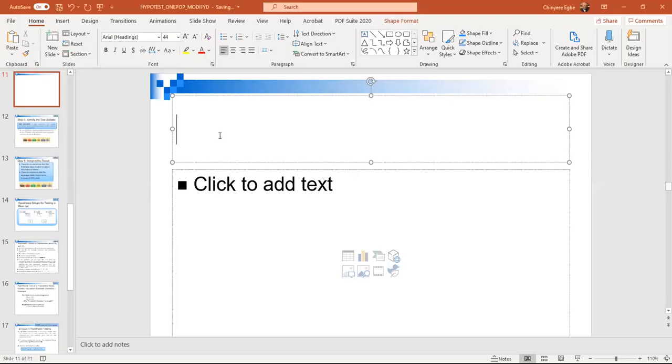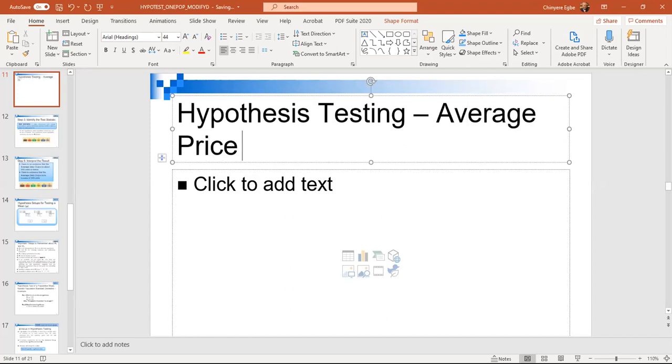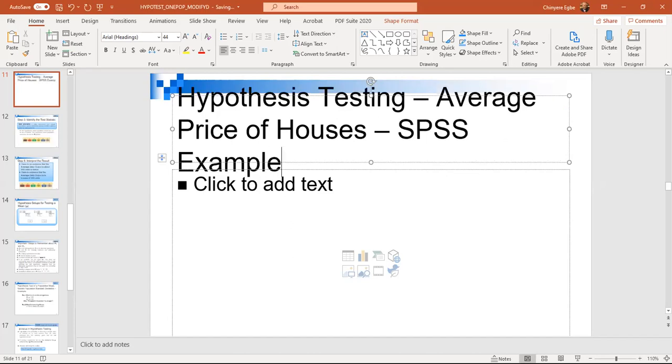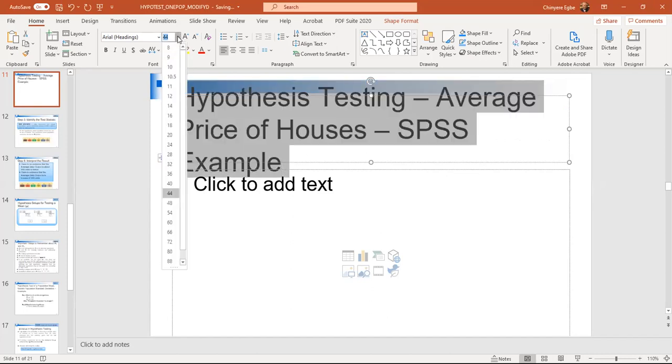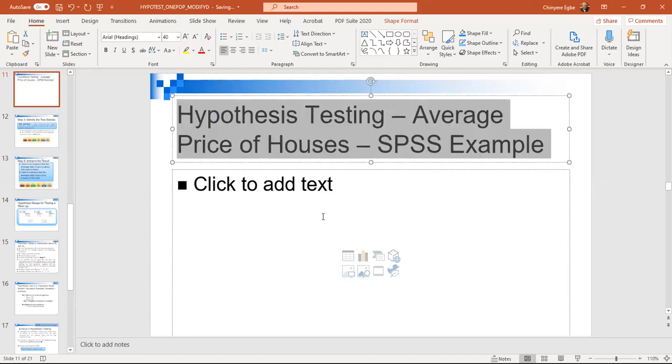All right. So, hypothesis testing, average price of houses, SPSS example. All right.